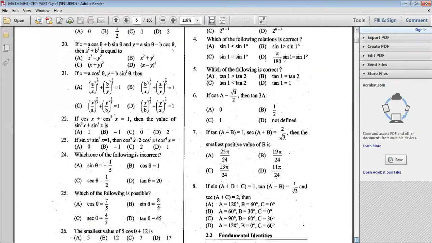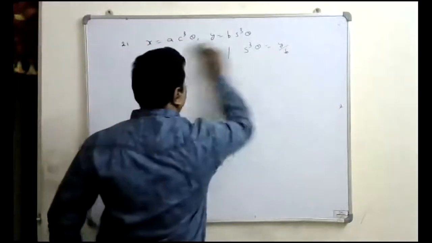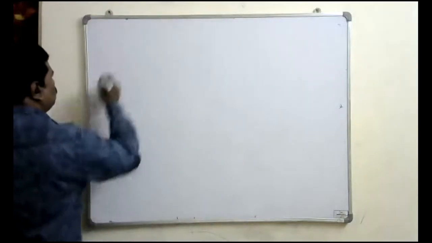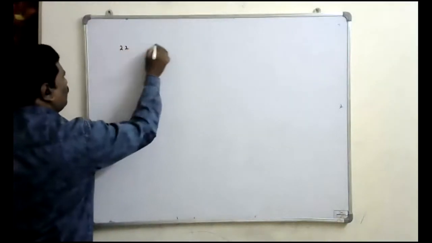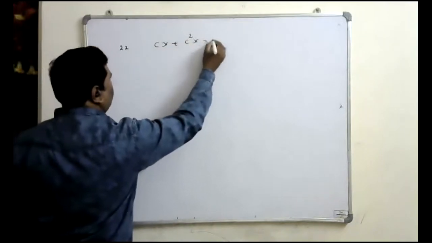Cos x plus cos square x is 1. Then what is the value of sin square x plus sin power 4x? It is given that cos x plus cos square x is equal to 1.